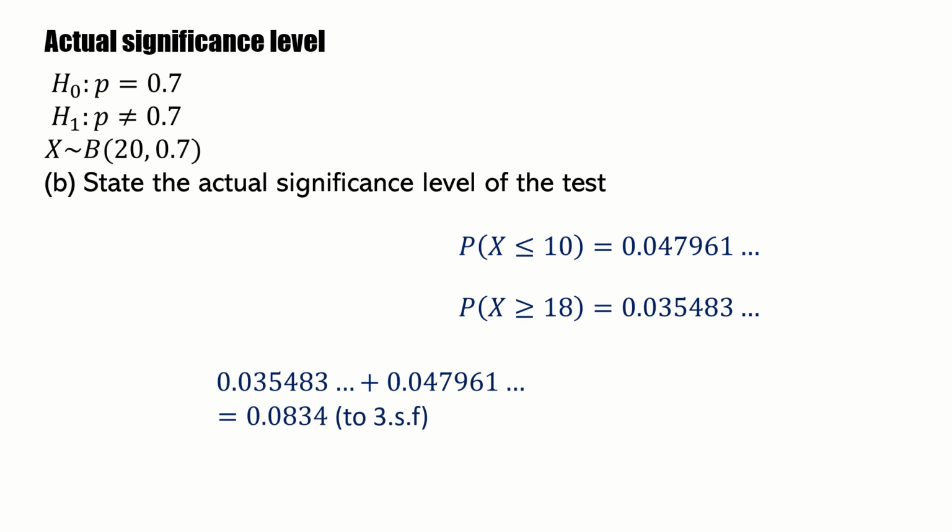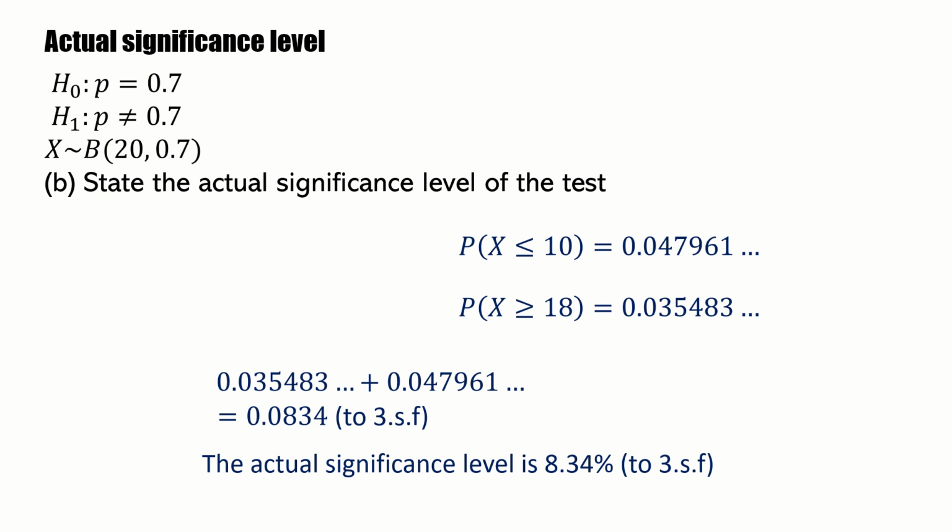So that means the actual significance level of this hypothesis test was 8.34% to 3 significant figures. There you go. So it is just a simple case of looking at the probability you calculated and saying that's the actual significance level. And the only added step, if it's a two-tailed test, is to add the two probabilities for the two tails together to get the actual significance level.